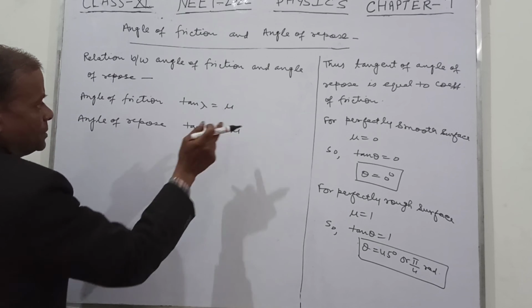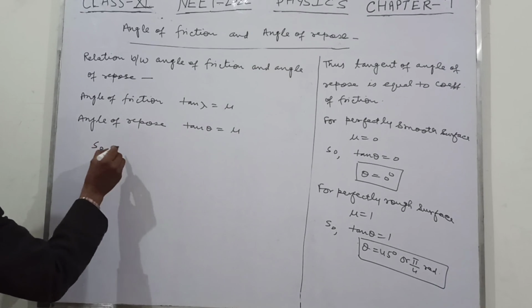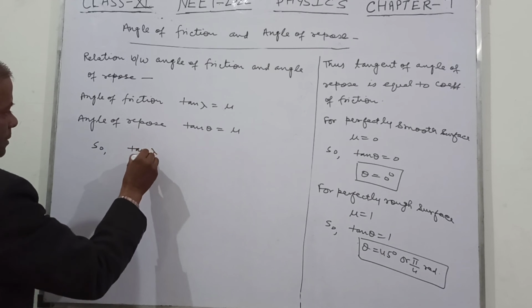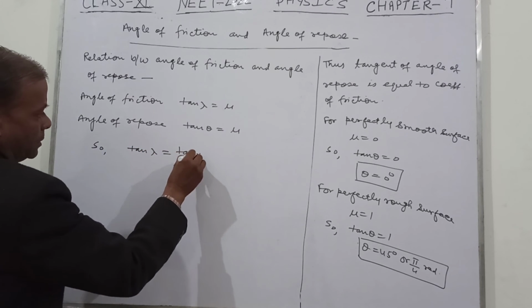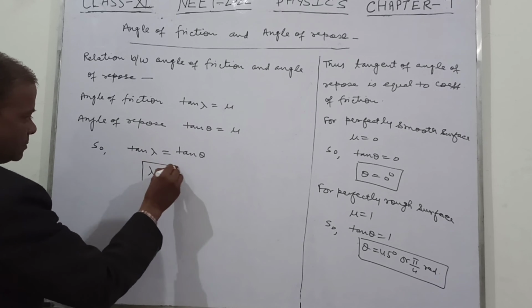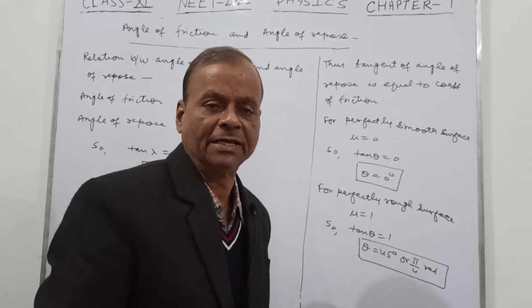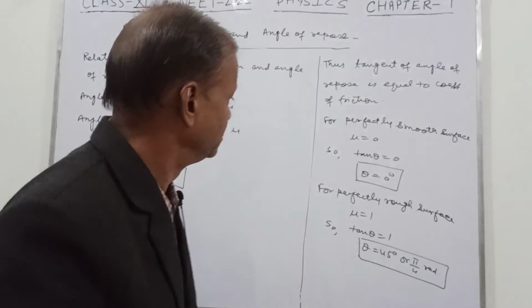Mu is the same in both cases, so tan lambda is equal to tan theta, or lambda equal to theta. It means that the angle of repose is the same as the angle of friction.